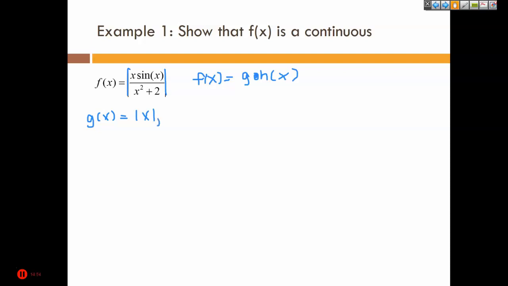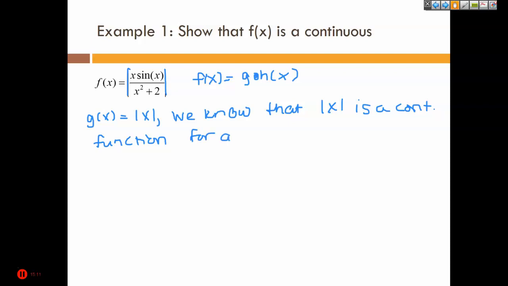And we know that the absolute value of x is a continuous function for all real numbers.